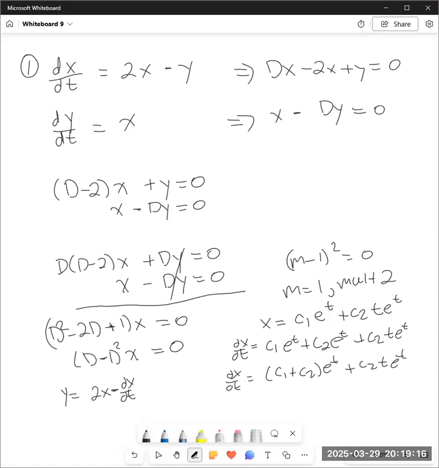Substituting that into our equation for y equals 2 times x, which is c1 e to the t plus c2 t e to the t, minus (c1 plus c2) e to the t minus c2 t e to the t.